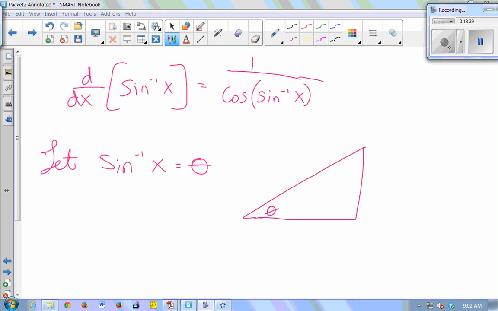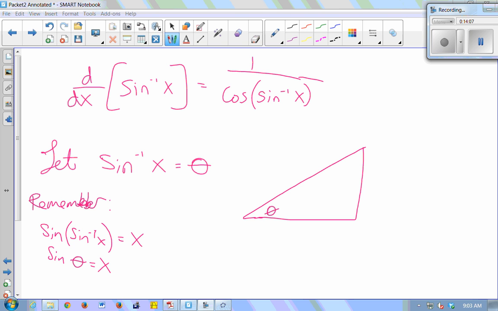All right, so remember that the sine of the inverse sine of x is x, right? So that means that the sine of theta is x, because I called inverse sine of x theta.